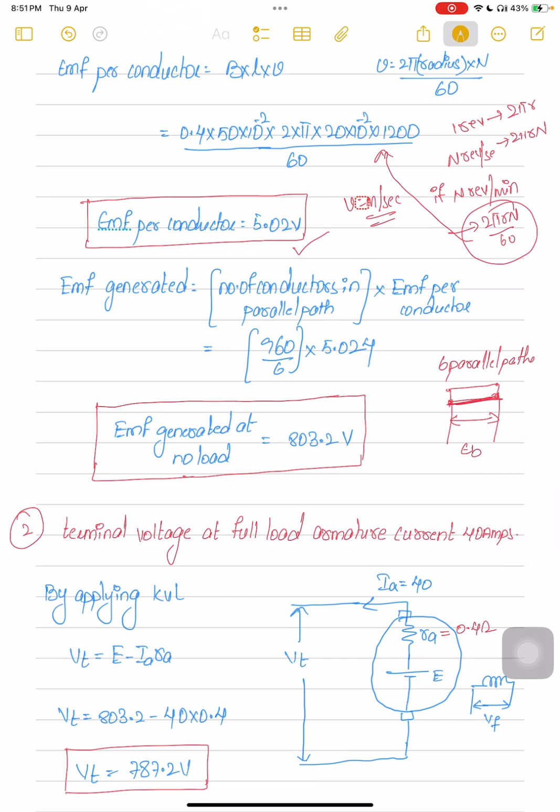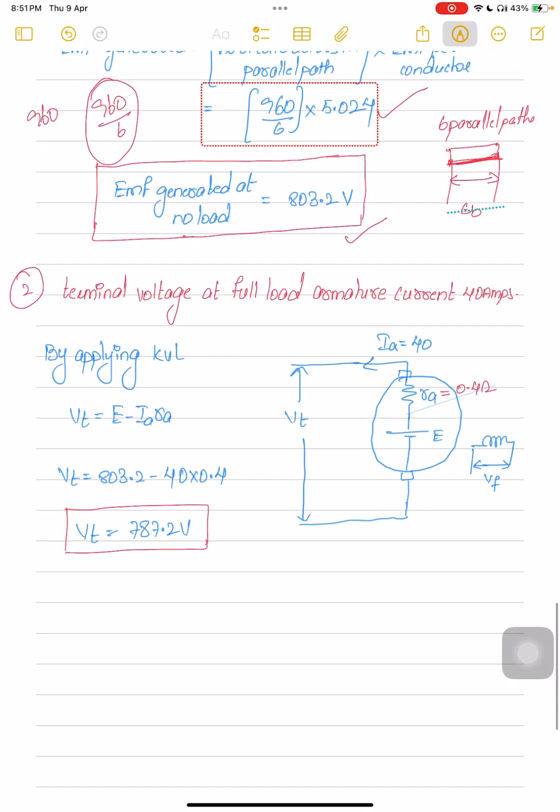There are 960 conductors in total. If we equally divide them into 6 parallel paths, we get 960 by 6 per parallel path. Then 960 by 6 into the EMF per conductor gives a generated EMF at no load of 803.2 volts.